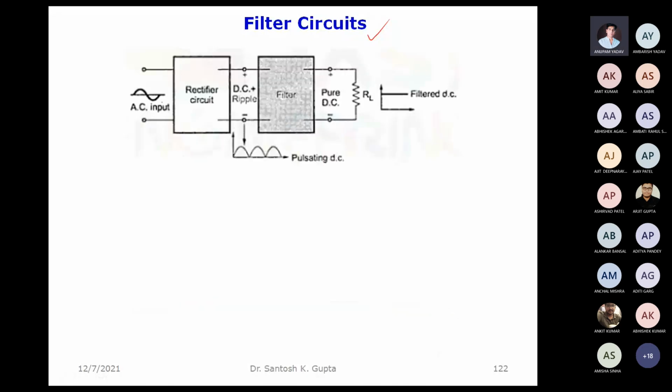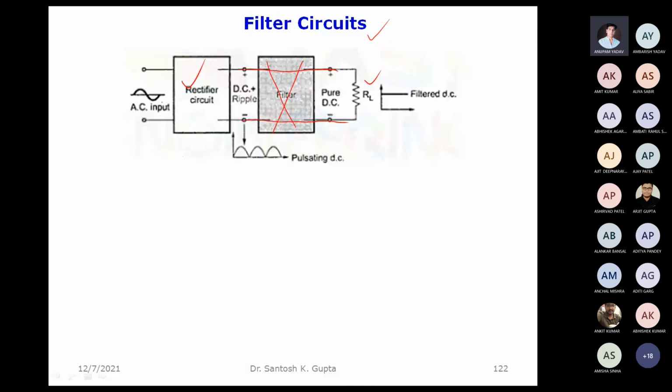So the idea here is that we have our rectifier circuit, and if we do not have this filter, then the output of this rectifier can be directly connected to the load resistance, which we have seen.